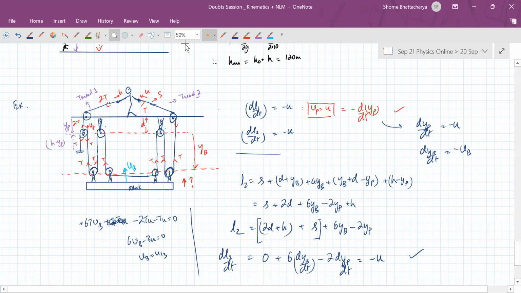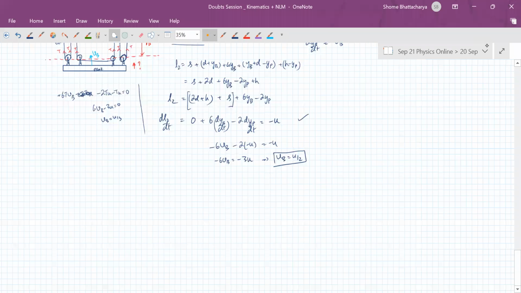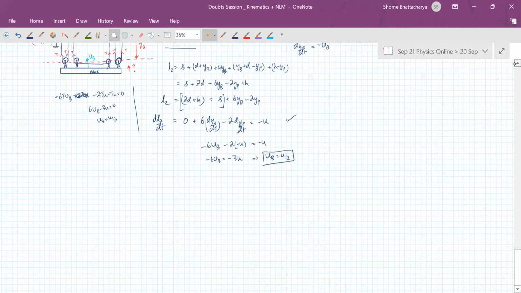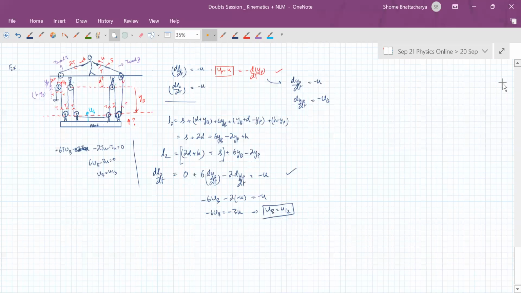Yeah, this answer is correct. So you can check the answer once from whatever source you have of this question. It should be u by 2 only. And it should not be 3u by 2.